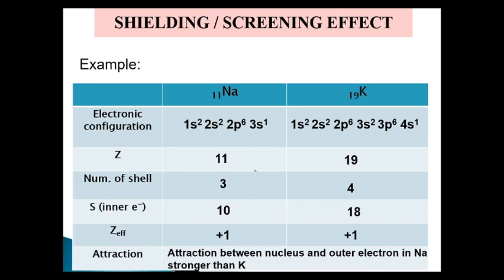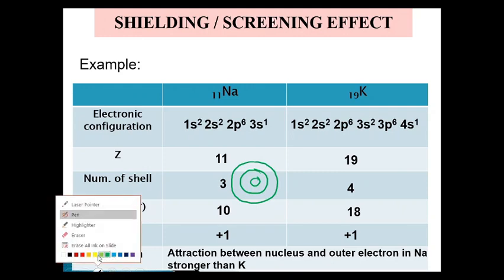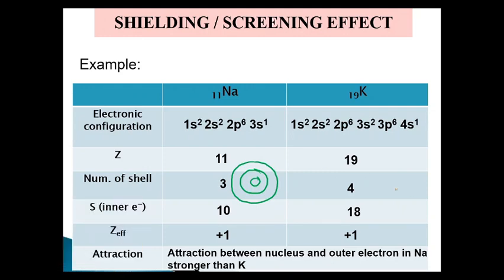So for sodium, the number of shells is 3, whereas for potassium, the number of shells is 4. Okay, so it is bigger than sodium.